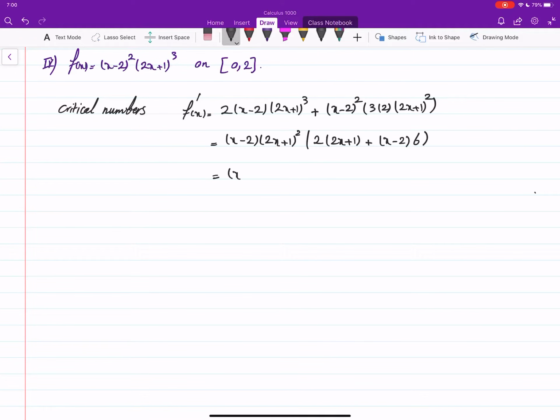And this is x minus 2, 2x plus 1 squared times, well, 4x plus 6x, so that will add up to 10x plus 2 minus 12, and that is actually equal to 10x minus 10.